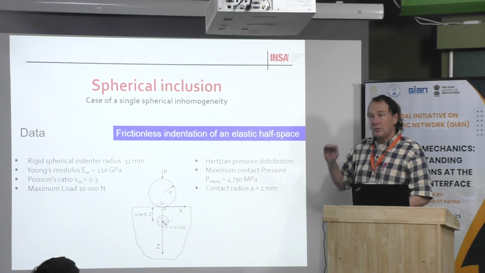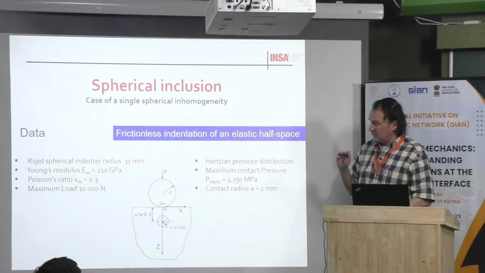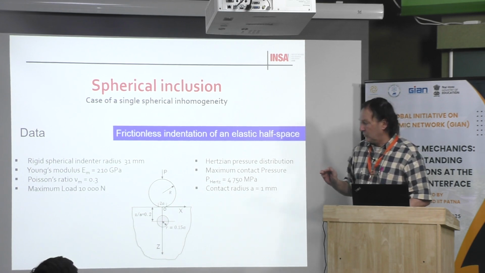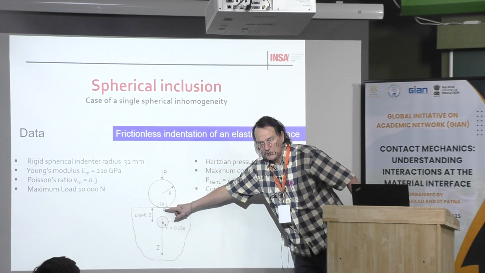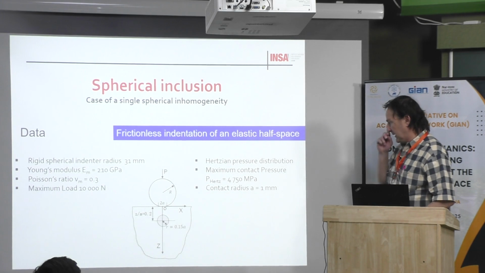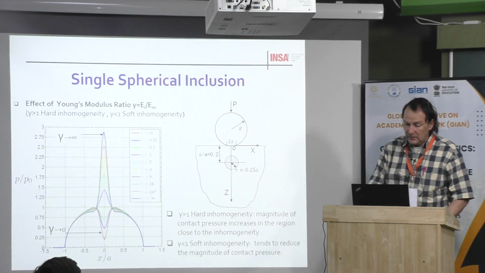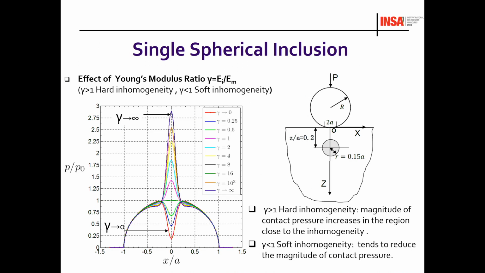Then the maximum shear, the maximum von Mises stress, is at about half the contact radius, so 0.5 A. Okay, now the first result is about the quality, the material of the inclusion, which is the ratio lambda.